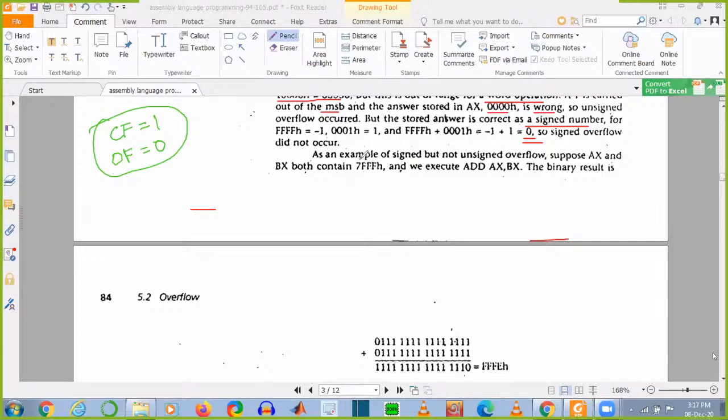Now let's see another example, as an example of signed but not unsigned overflow. In the next example, we'll see that signed overflow occurs, but unsigned overflow does not occur. The opposite.